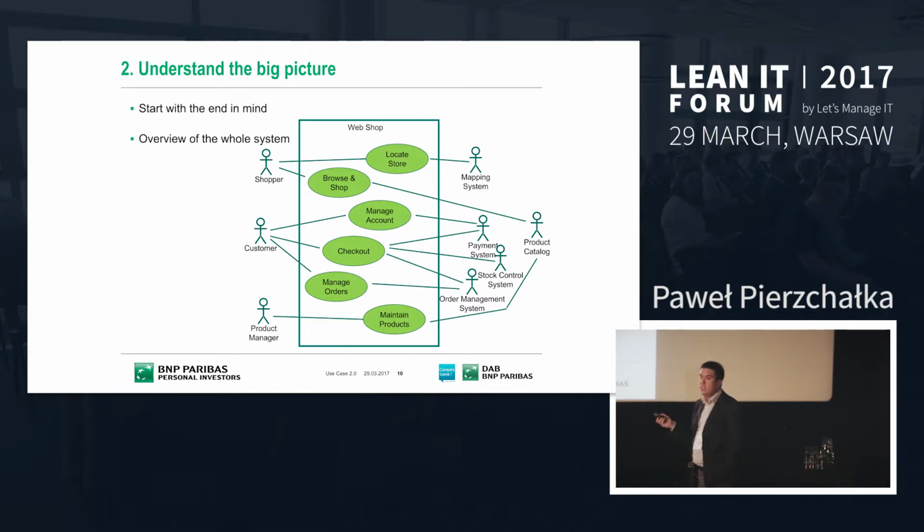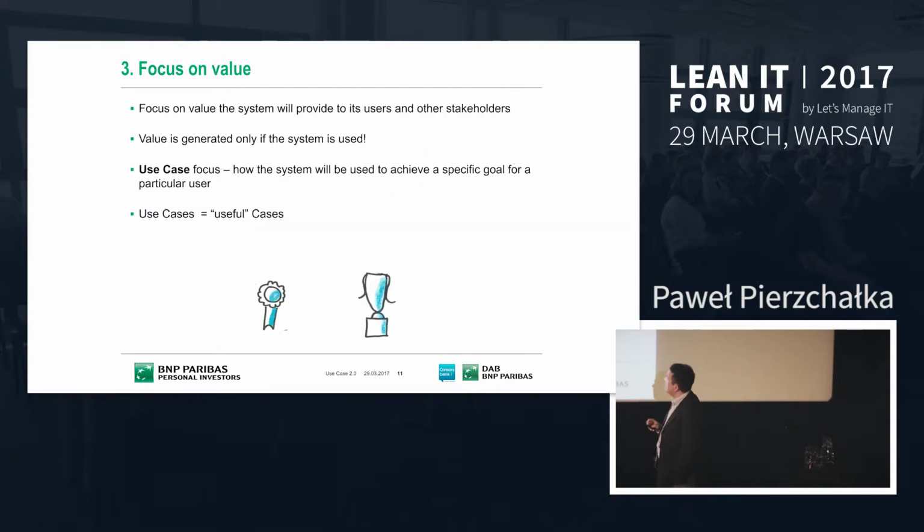For this, we can use a very simple diagram, a use case diagram or use case model, where we identify the customers or the other systems, and all the objectives, all the goals of these customers from this system.